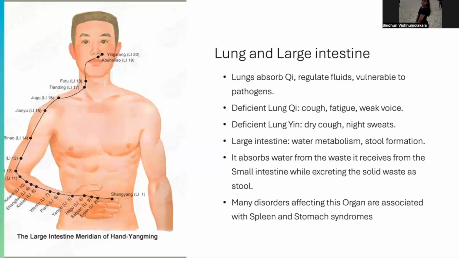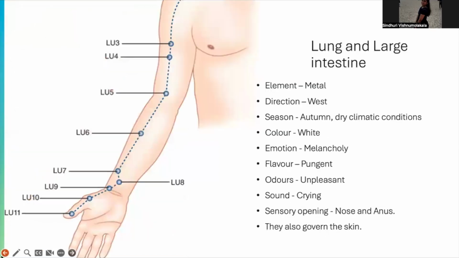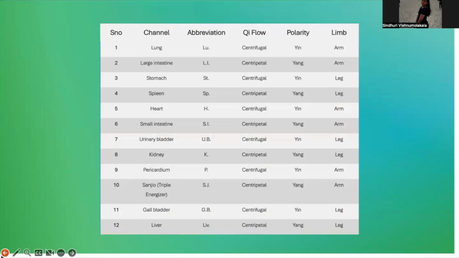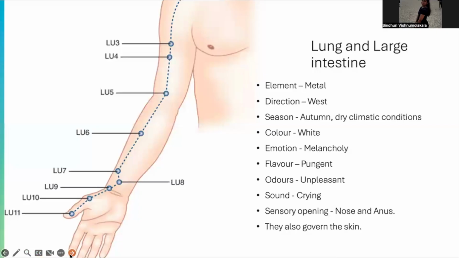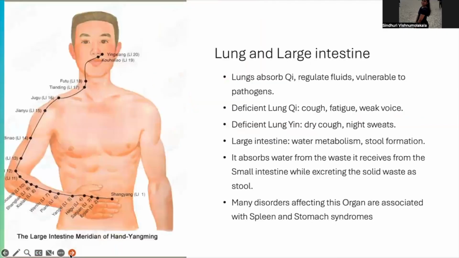Now, many disorders affecting this organ are associated with spleen and stomach syndromes. Why? Because the first four, as I said, form a cycle. So, disorders affecting spleen and stomach are also associated with lung and large intestine.